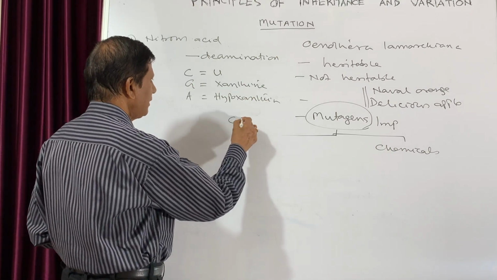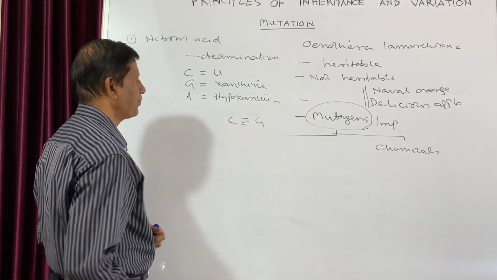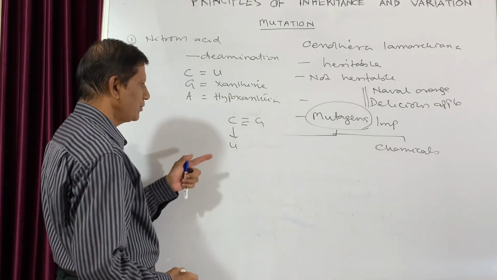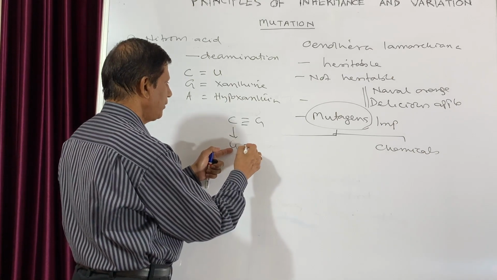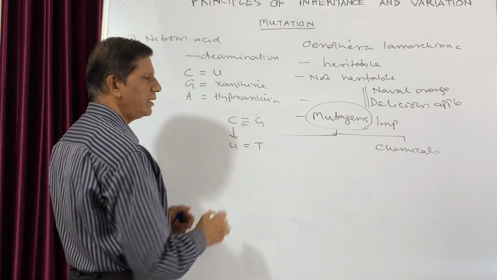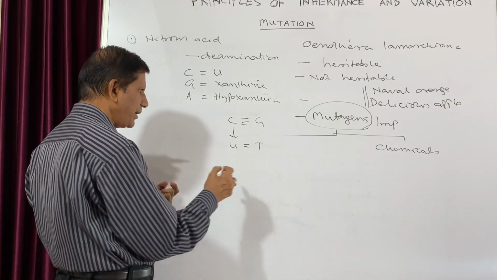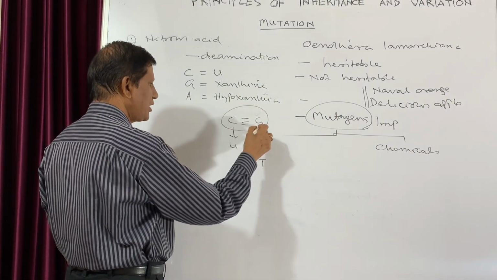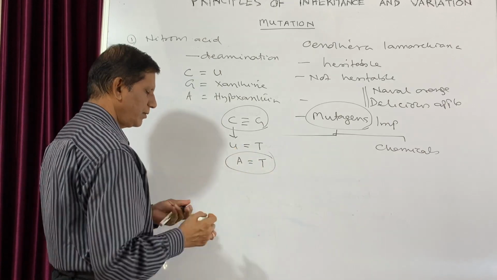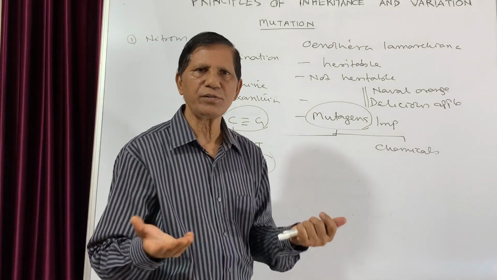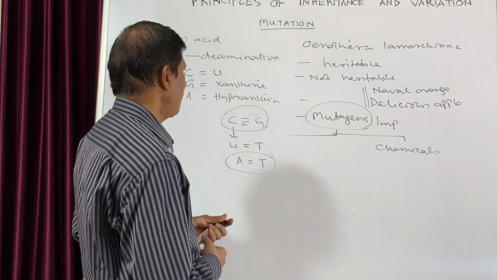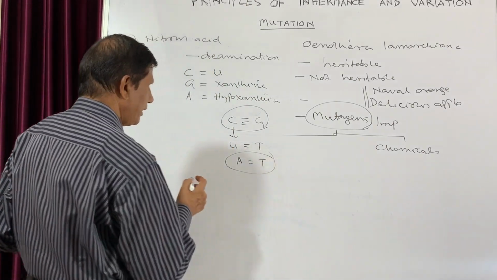Suppose in one case this C pairs with the G. Now this C will be converted to uracil. So now uracil will not combine with the G, it will combine with the A. And in the next replication, the T will combine with A. So originally it was CG, now it is converted to AT. In this way mutation takes place. In all these cases, it takes place like this.